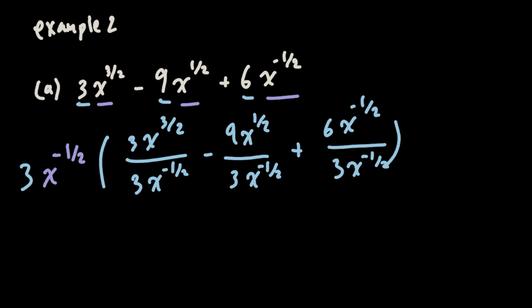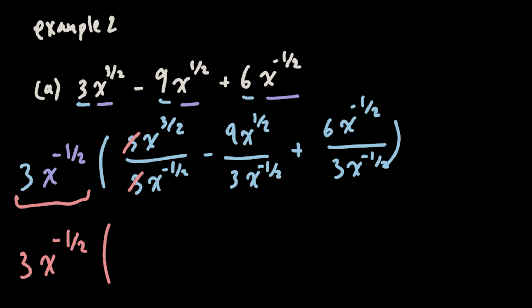This term here will be the same, so we'll just write it down, 3x to the power minus 1 over 2, and we will multiply this term by, just notice here we have a 3 and here we have a 3, will be cancelled.